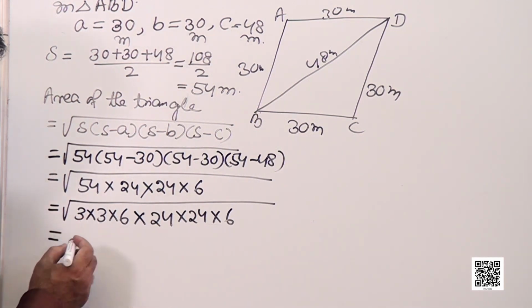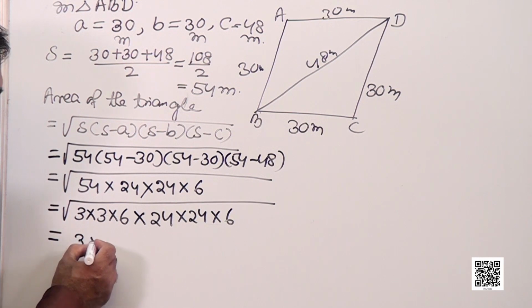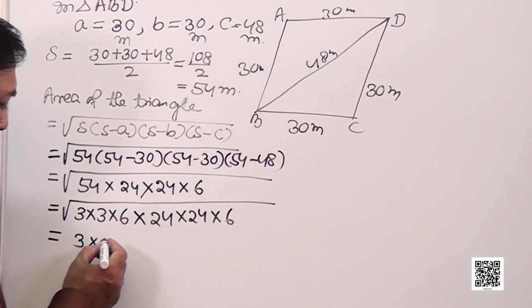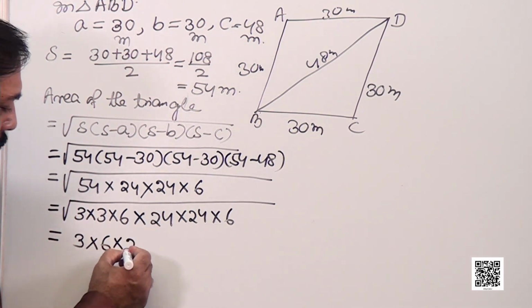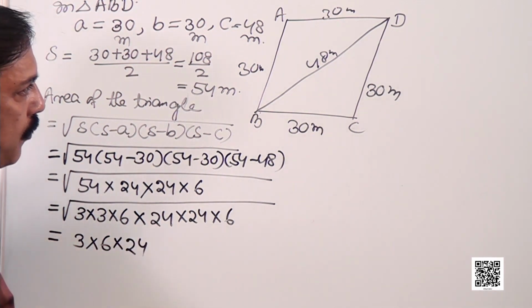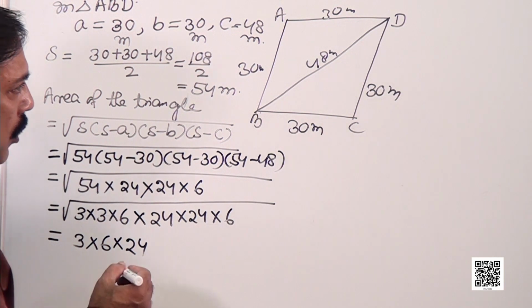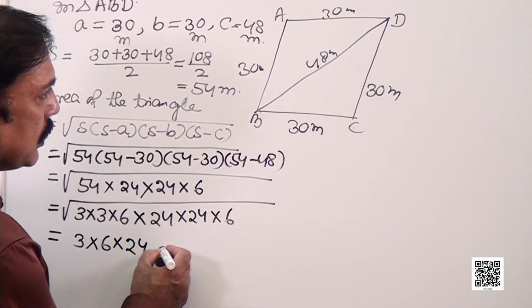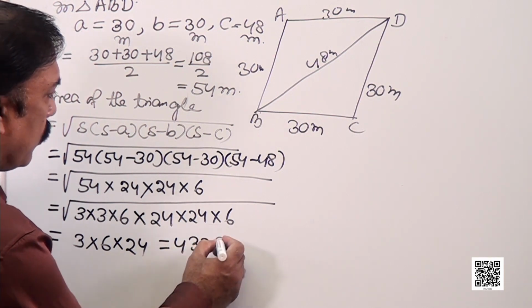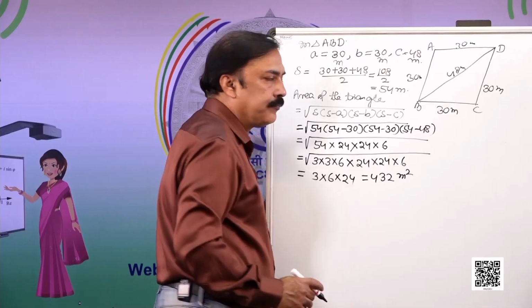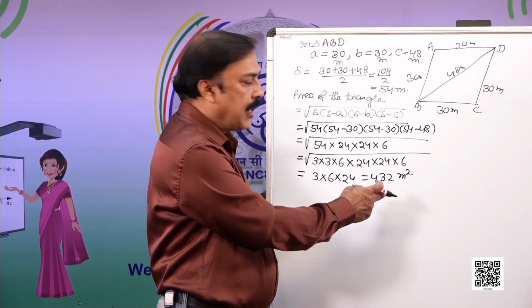So in place of two 3's, we can take one 3. In place of two 6's, we can take one 6. And also we have 24. So the product of these gives 432 meter square.